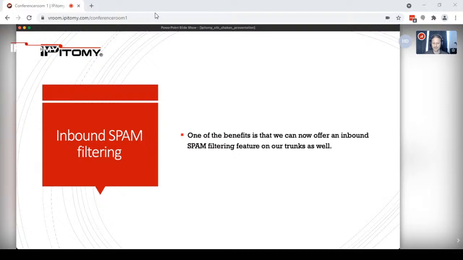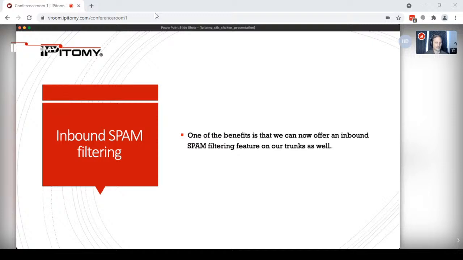All right, so this is one of the things. One of the benefits is that now we can offer inbound spam filtering as a feature on our trunks. You should see that in the near future as something that we offer. Currently, at no charge, if you call us up and you want us to block a specific number, we can do that, stopping a call from coming in.